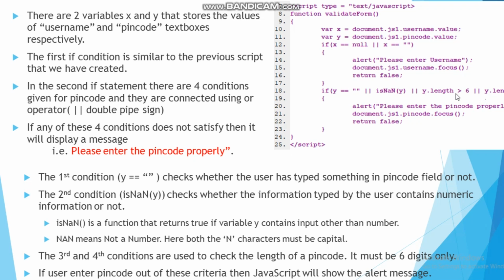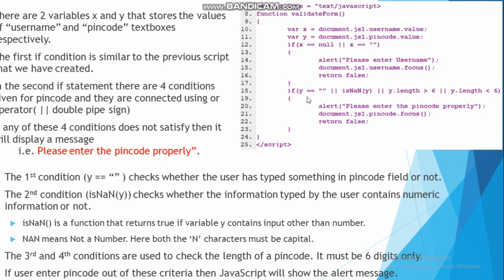If any one condition becomes true out of these 4 conditions, then it will display the message, please enter pincode properly. Then again it will put the cursor inside the pincode text box and then it will return false. As you can see here, it is given.